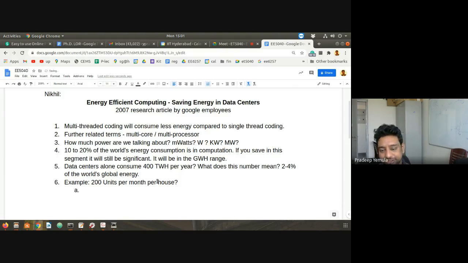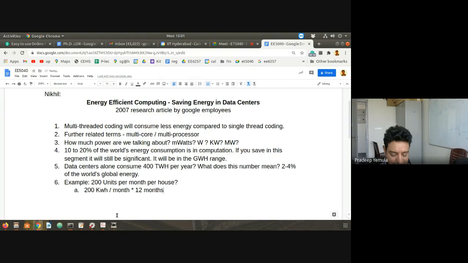So how many houses can we support with this? Let us see. 200 units means 200 kWh, kilowatt hours, per month, multiplied by 12 months.